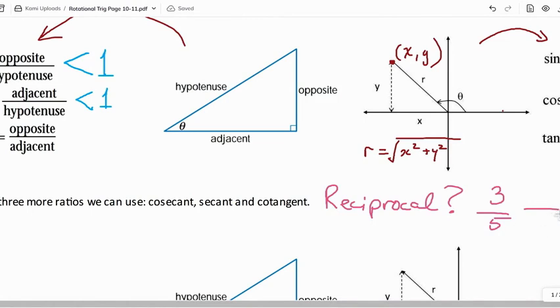What is it? Someone said it. The inverse. The inverse and the reciprocal can be confusing because sometimes they are identical, right? Like if I have 3, well, the reciprocal of 3 is 1 over 3. However, if that 3 is multiplying something, well, the inverse of multiplying is dividing.